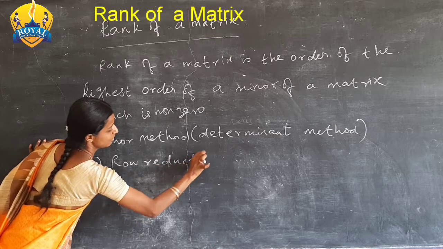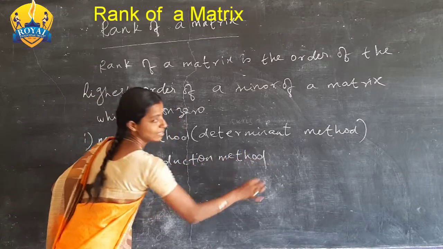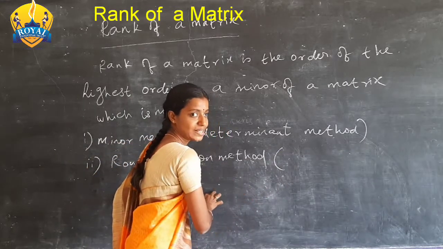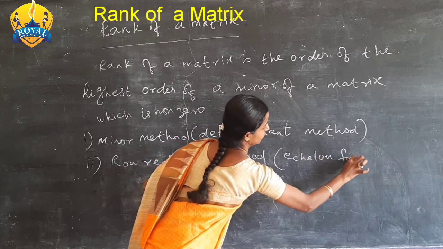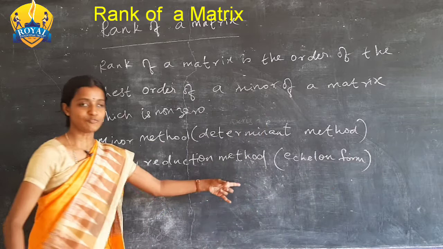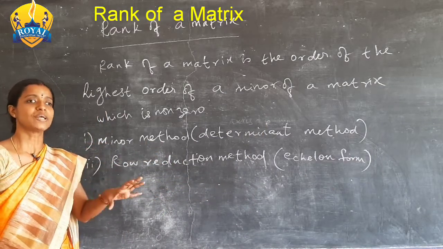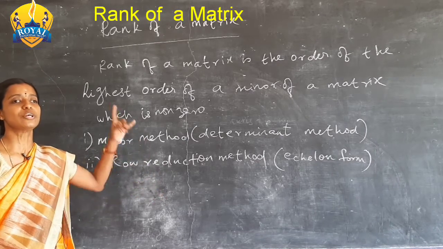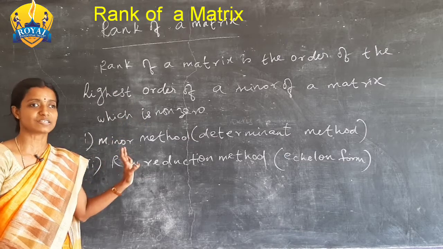Row reduction method is nothing but reducing the matrix using echelon form. Using echelon form, you try to bring as many zeros inside the matrix. With the help of that, you are going to find the highest order for which the entries never vanish.